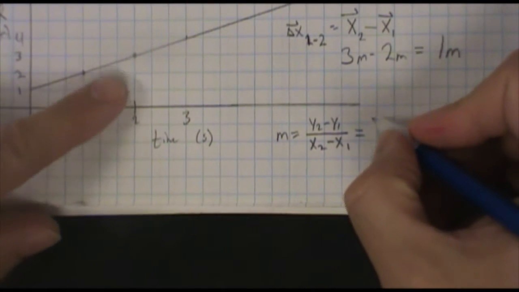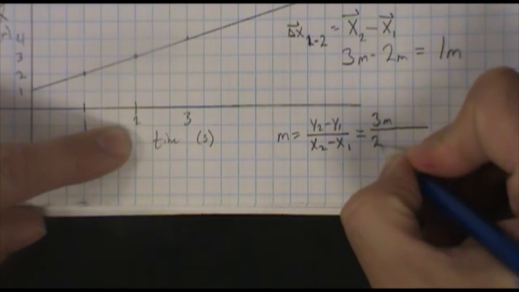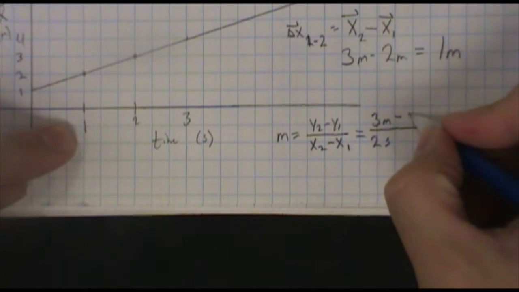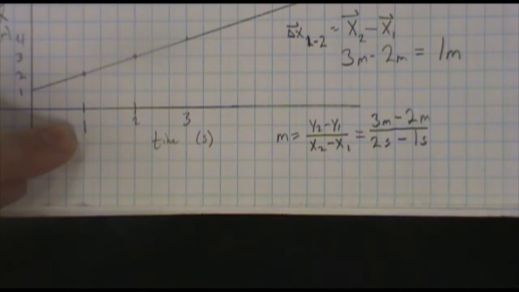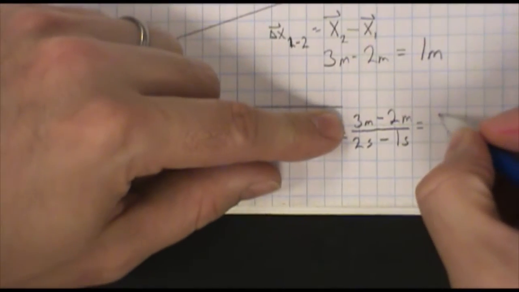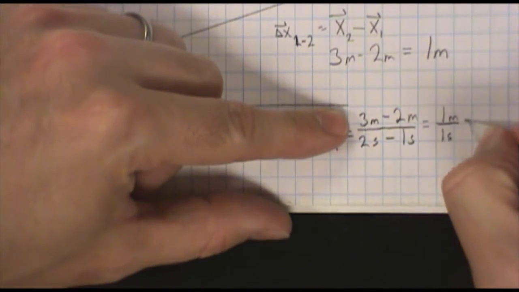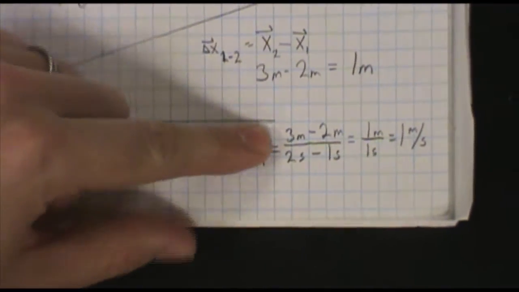My second y value is 3 meters. That happened at 2 seconds. My first position I'm going to use is 2 meters. That happened at 1 second. So I take my 2 points, plug them into my slope equation, and I find that my slope is 1 meter over 1 second, which is to say 1 meter per second.